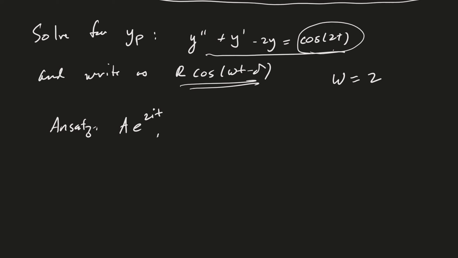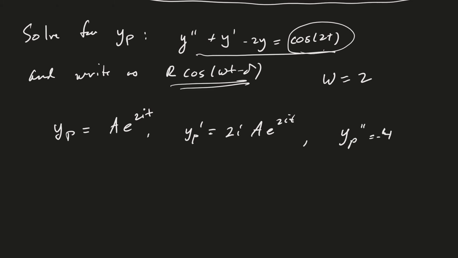Okay, so then the derivative: y p prime is going to be 2i times a e to the 2it, then y p double prime will be minus 4 a e to the 2it. Good, so plugging those into the differential equation and factoring out that a e to the 2it.